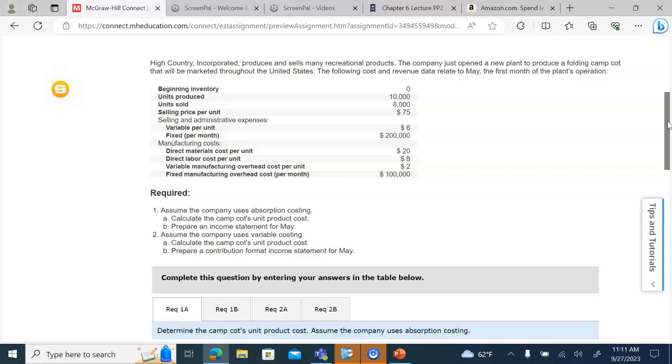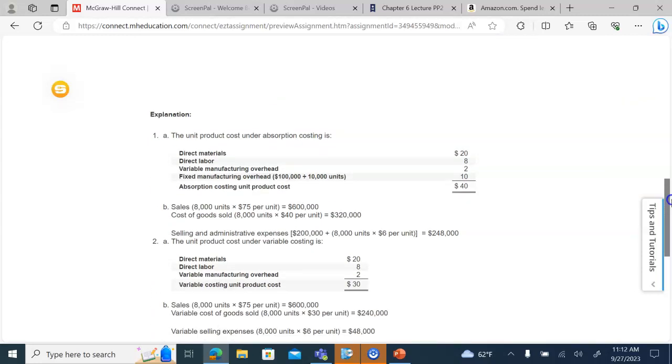So we know we've got our direct materials, 20 plus 8 plus 2, and then we've got to come up with our fixed, the 100,000 divided by what we produced, 10,000 units. That would probably be $10 a unit, right?